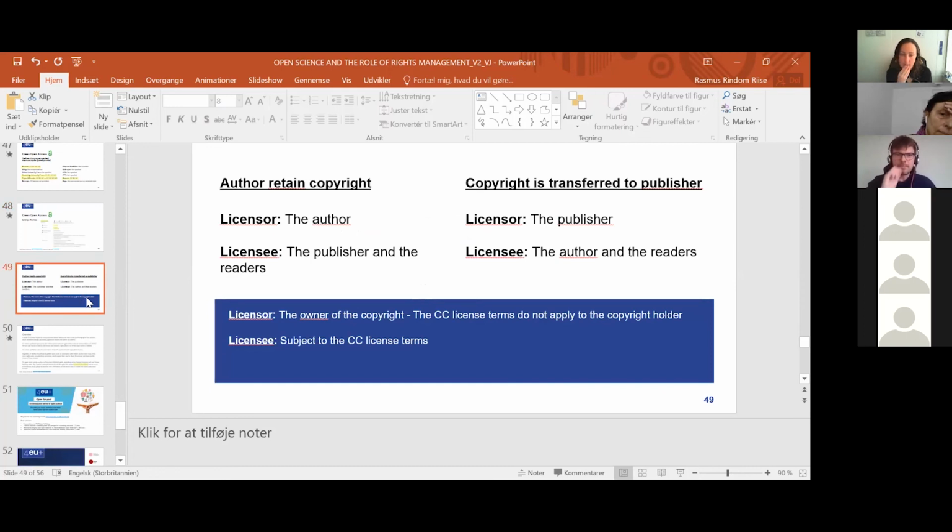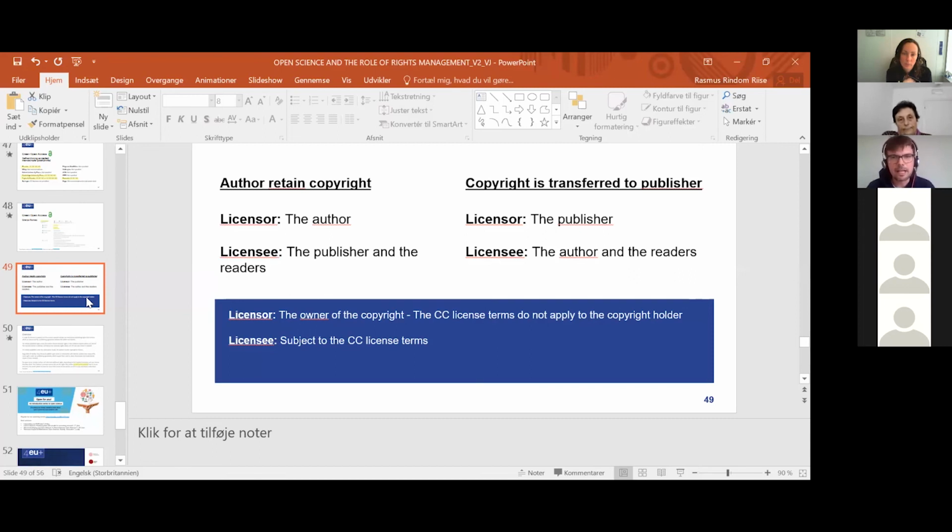But a lot of people might think that when you publish open access, you retain your copyright. And well, that's right to some extent. When you publish open access, even though of course you pay an APC and you choose among specific licenses, the publisher can still require the copyright from the authors.